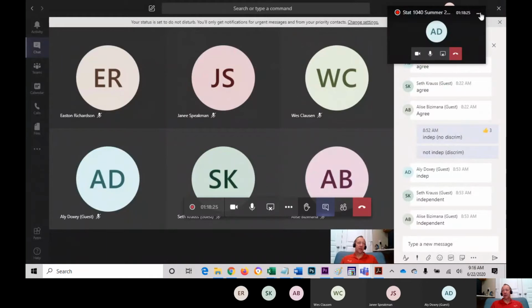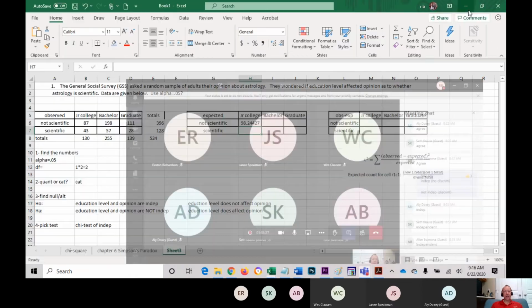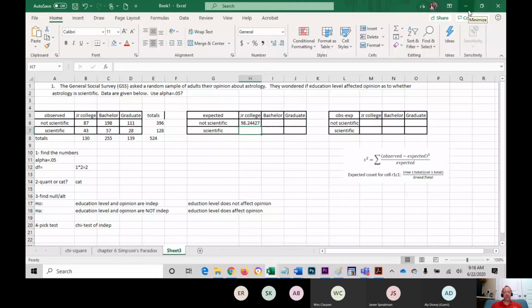Next person up is Seth. You get to tell me the next value here. We're all going to take a turn since there's 6 of us left. So where am I on the table? Row 2, column 1.